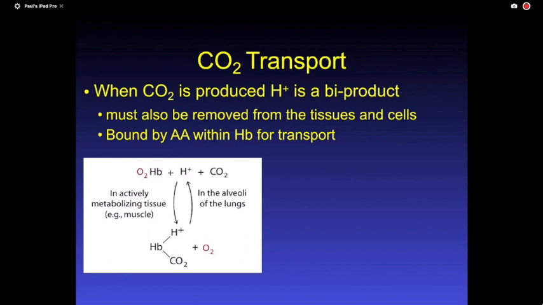Now, one other thing that hemoglobin can actually bind to is protons. Protons are bound within the amino acids of the hemoglobin, within the histidine residues.